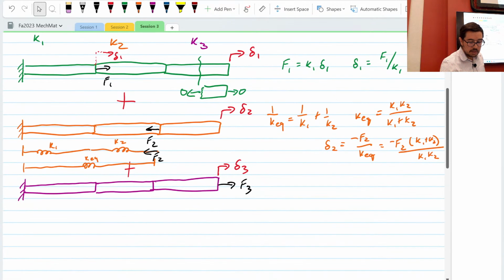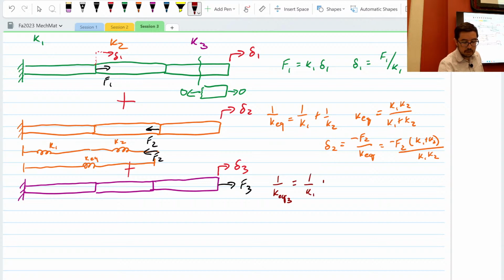And you see where this is going. We have delta 3 that we had to calculate, we have F3, we have 3 springs in series. So if I think of the purple, we'll call it 1 over K equivalent 3. Maybe I should have called that 1 over K equivalent 2. That's going to be 1 over K1 plus 1 over K2 plus 1 over K3.